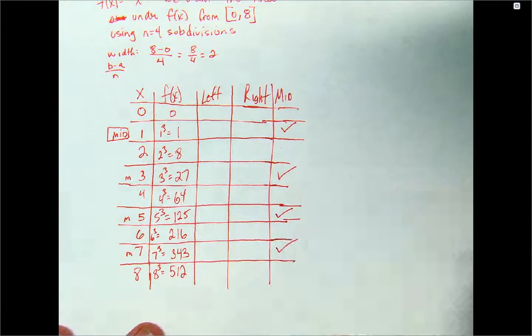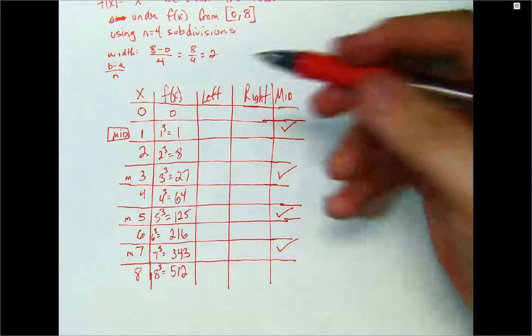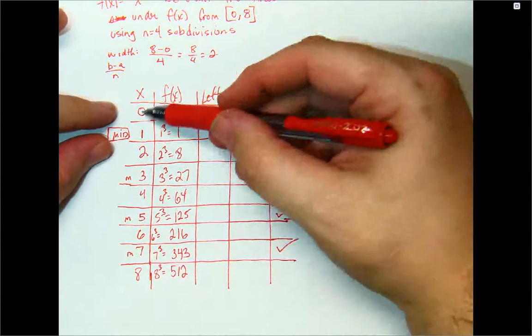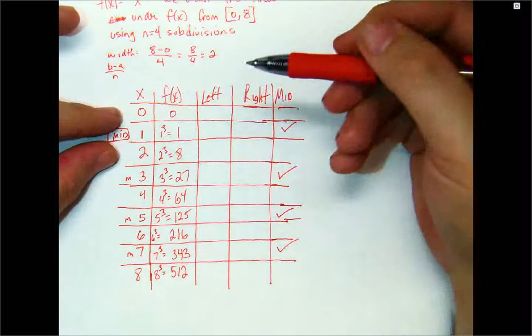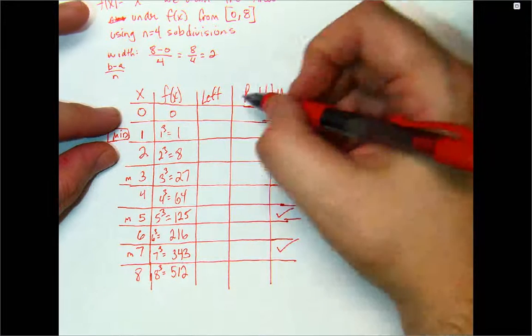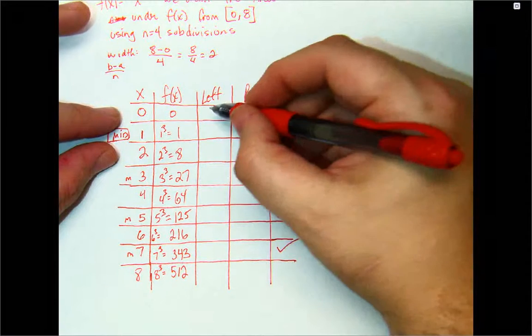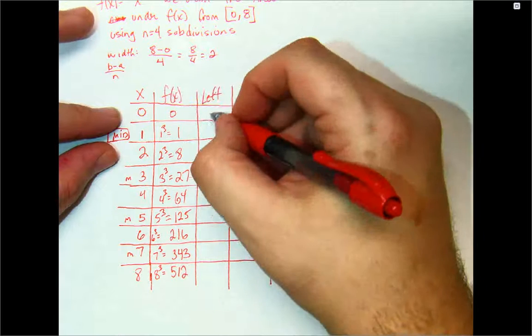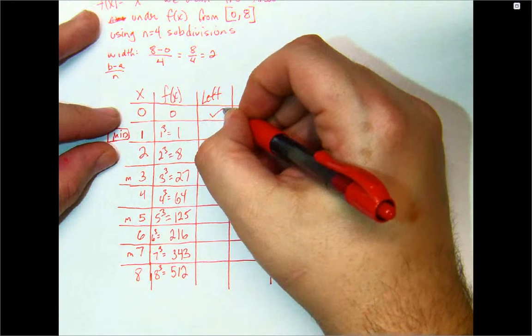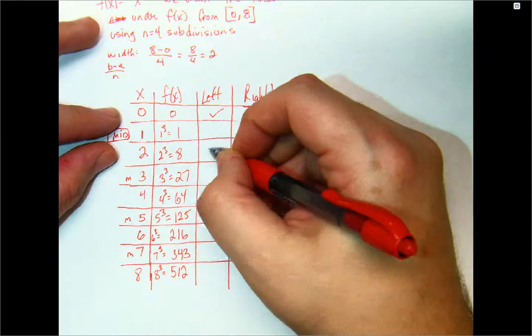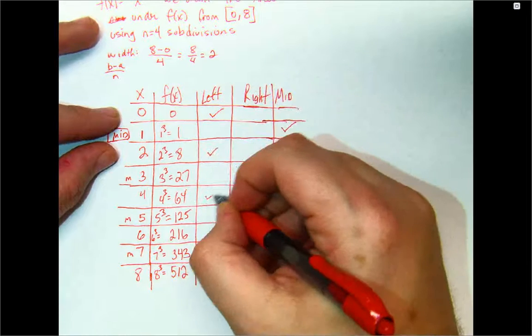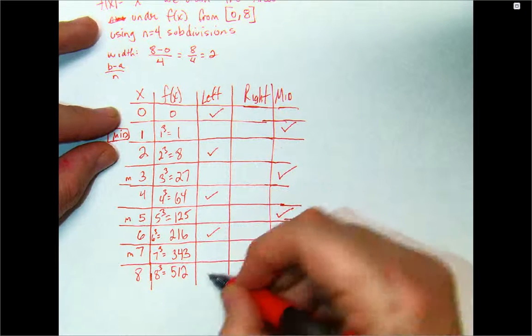Now, if we looked at the first interval from 0 to 2, which one is the left endpoint? 0. So if I'm going to use the left endpoint, I'm going to use 0, 2, 4, and 6. Do we use 8 as one of our rectangle heights?